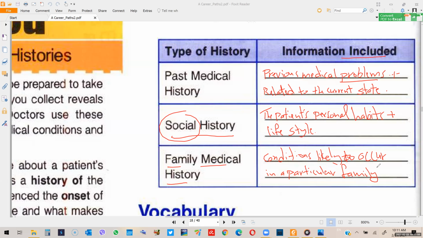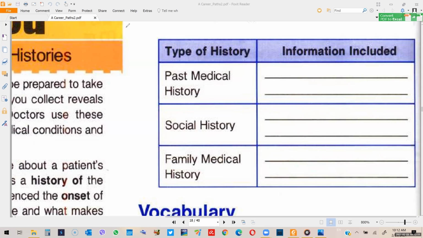For example, if a person is diabetic, you ask if his father or his mother had this disease, or if the family has any previous history with that disease.